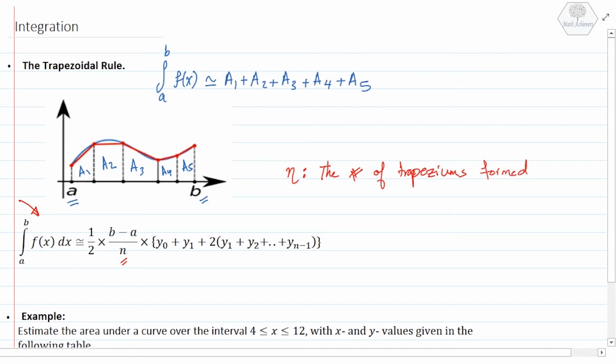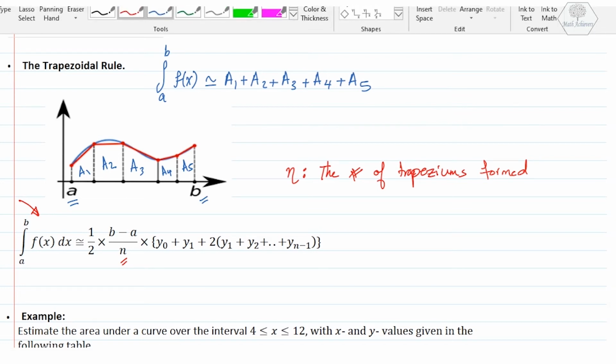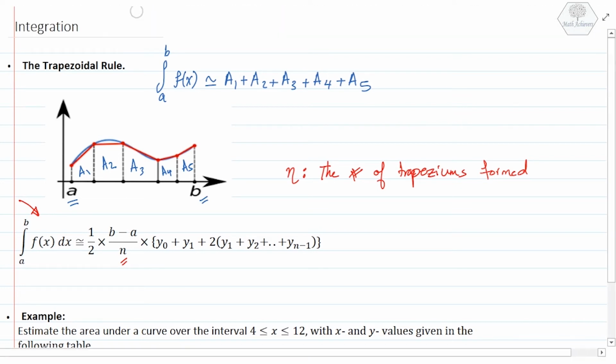So let's say I have how many values in here? In this case, I have 1 value, 2 values, 3 values, 4 values, 5 values, and 6 values. So in this case, I have 5 trapeziums for 6 values, so n is equal to 6 minus 1.